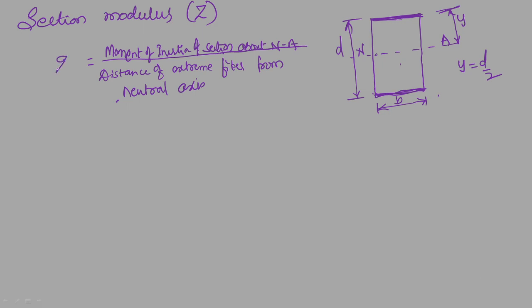Now this is z. Based on the definition of section modulus, z equal to I by y. Now what is the relation for I for a rectangular section, or what is the formula? Integration of y square with respect to dA.